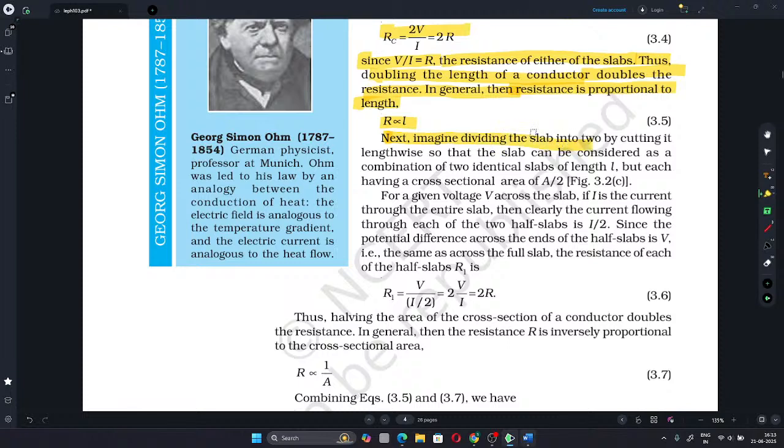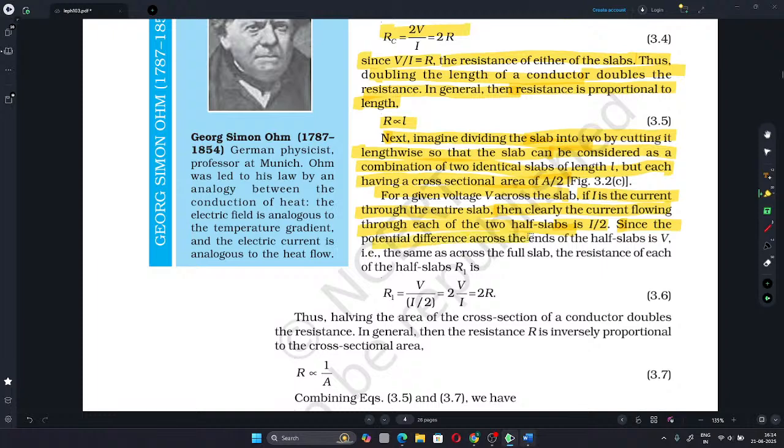Next, imagine dividing the slab into two by cutting it lengthwise so that the slab can be considered as a combination of two identical slabs of length L, but each has a cross-sectional area of A by 2. For a given voltage V across the slab, if I is the current through the entire slab, then clearly the current flowing through each of the two slabs is I by 2.